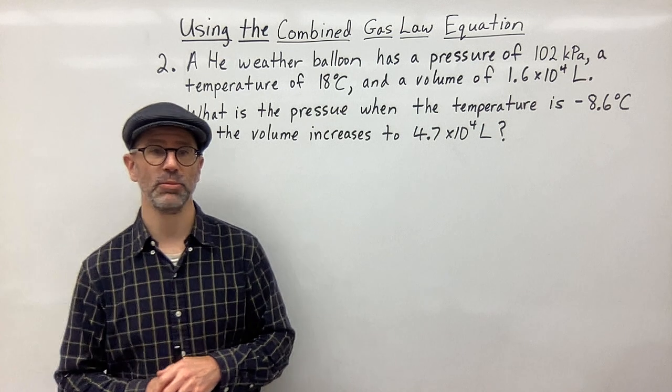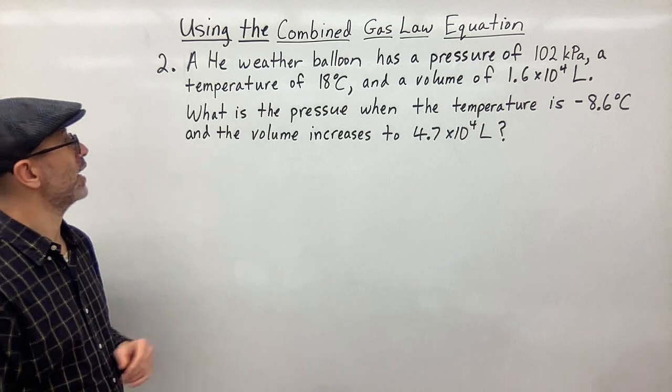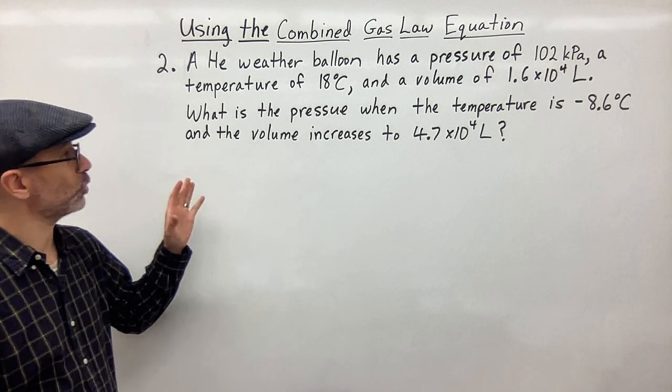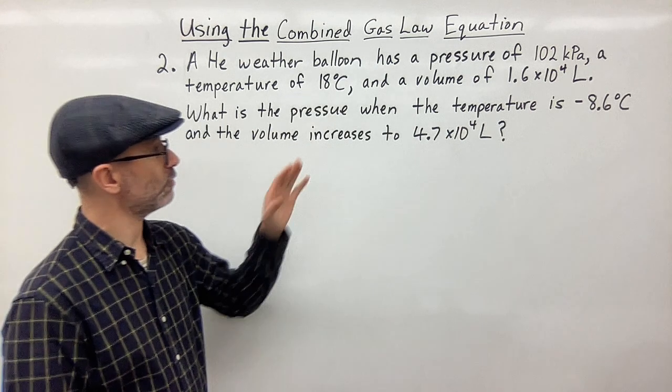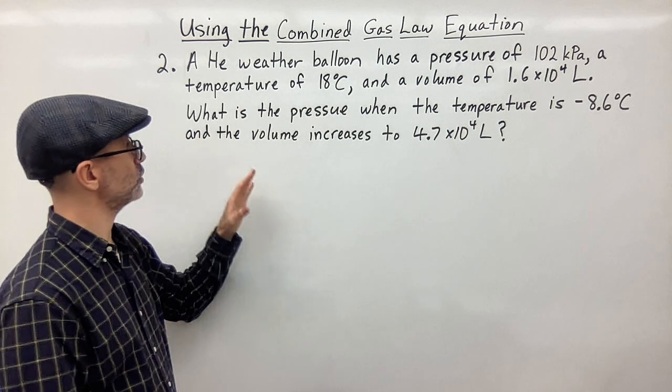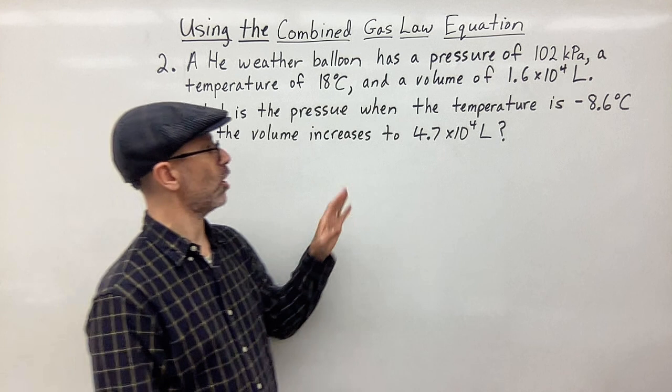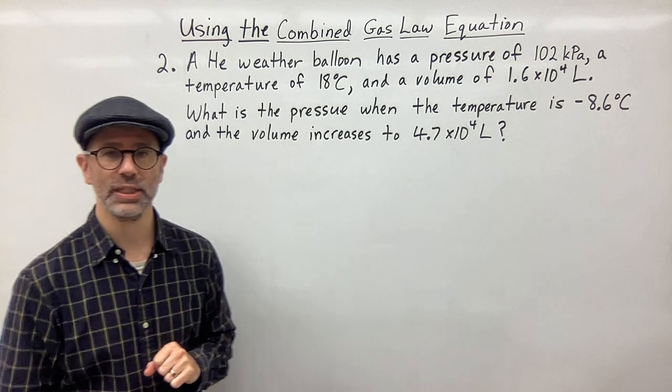So let's look at this problem. It says we have a helium weather balloon that has a pressure of 102 kilopascals, a temperature of 18 degrees Celsius, and a volume of 1.6 times 10 to the 4 liters.